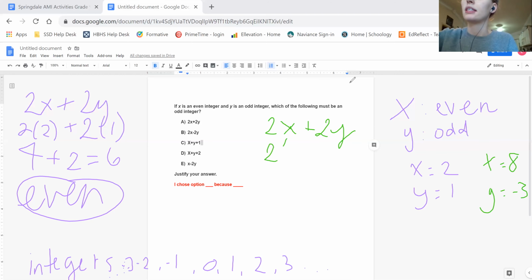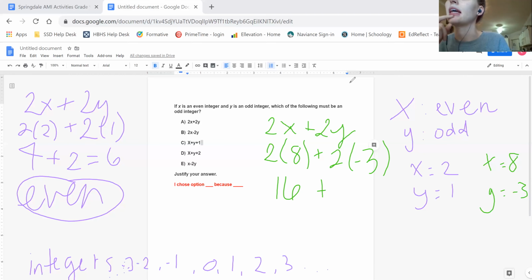So 2 times x, which we chose as 8, plus 2y, 2 times y, which is -3. So I've got 2 times 8 is 16, plus 2 times -3, that's -6.